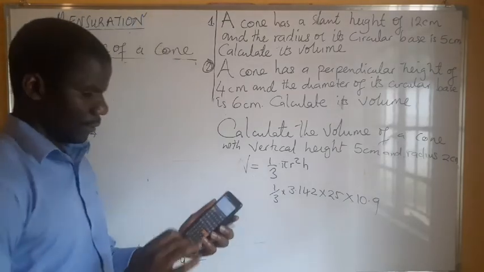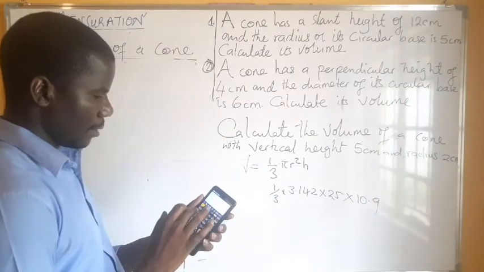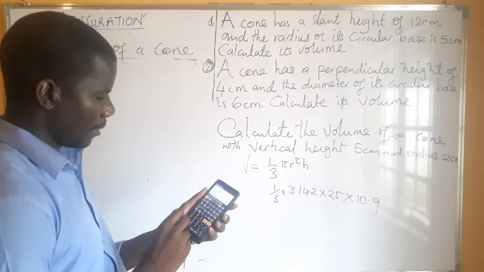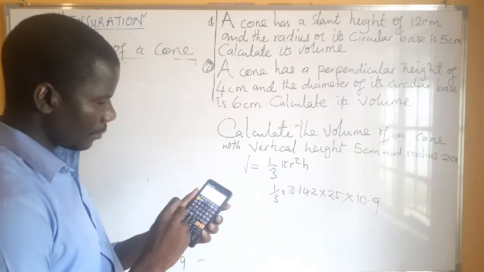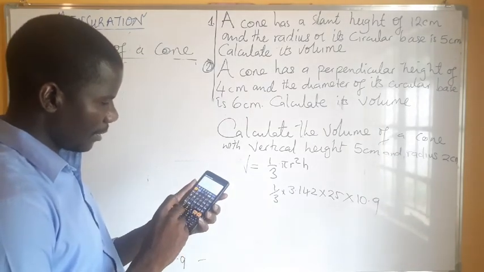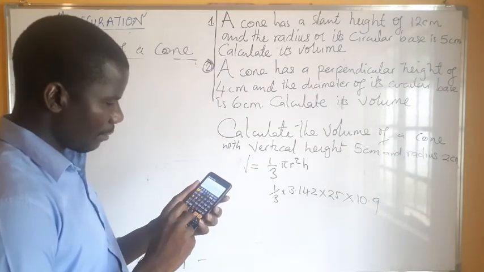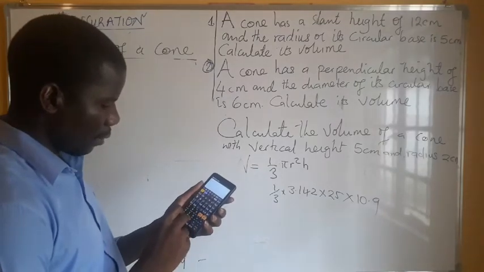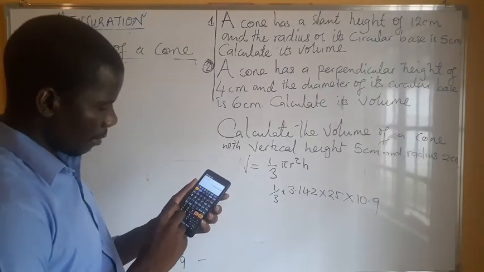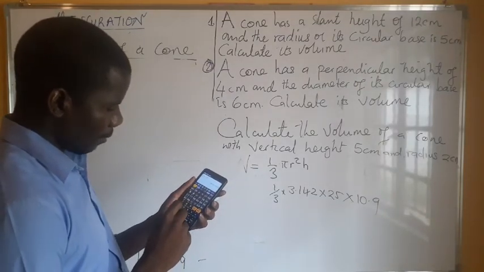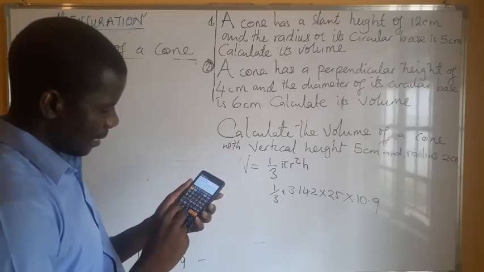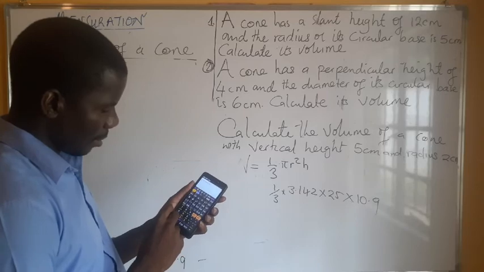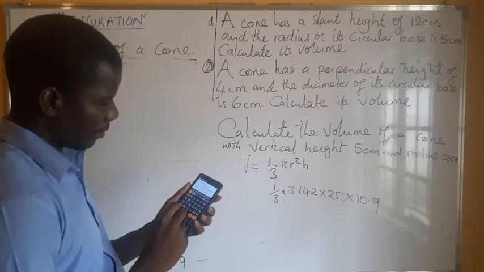So we can write this. We have 1 over 3 multiplied by 1.142 multiplied by 25 multiplied by 10.9.